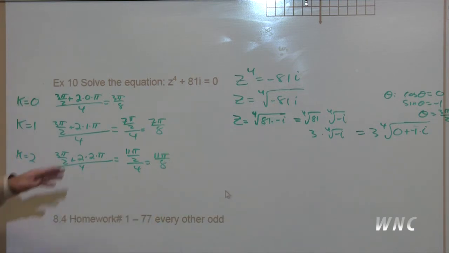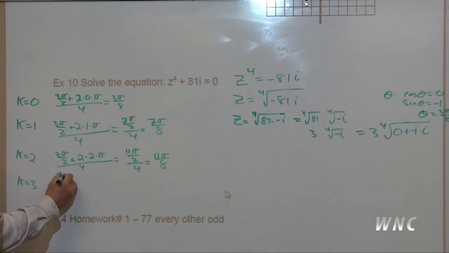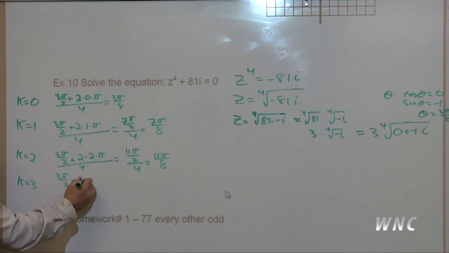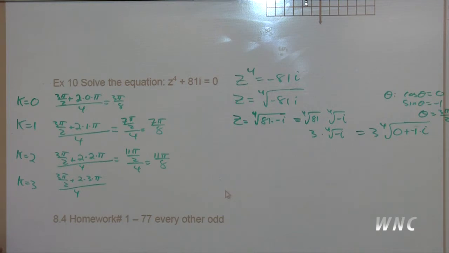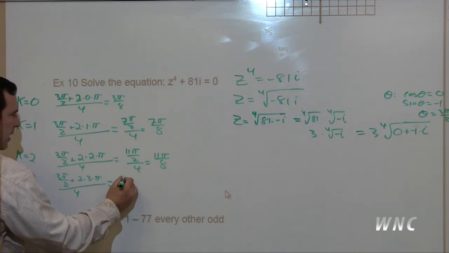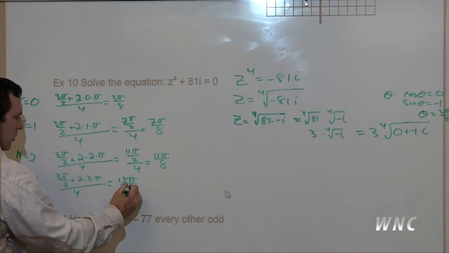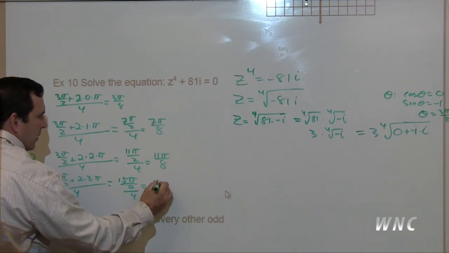You see the pattern yet? It goes up by a 4 in the numerator every time. So for k equals 3, 3 pi over 2 plus 2 times 3 times pi, all that over 4. That's going to be 15 pi over 2, over 4, or 15 pi over 8.